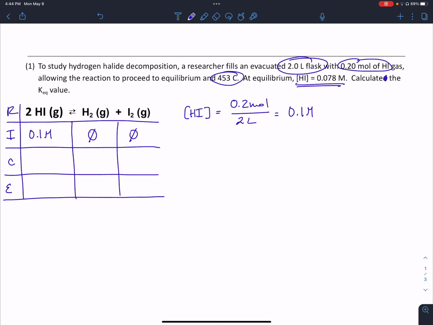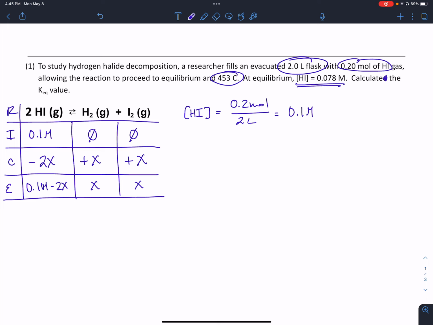For our change, it's going to be removing some of that HI because it's used to form product. So 2x. And then we'll be adding this amount X of H2 and this amount of I2. If we add the two together, we get 0.1 molar minus 2x for HI, X, and X. Now you might say, well, Dr. Nigro, I don't know the KEQ value, so how will I find X?